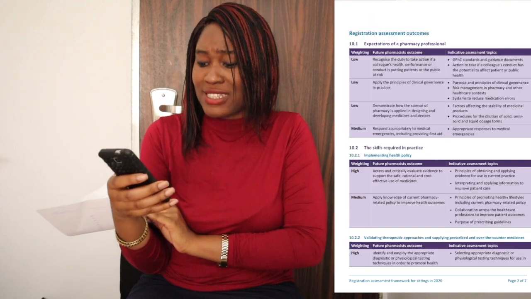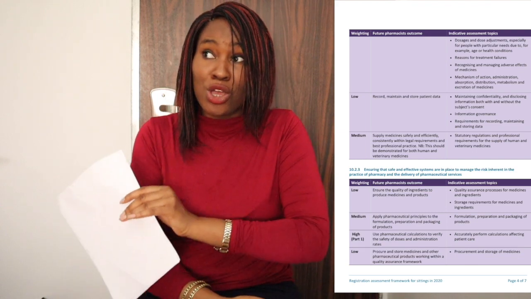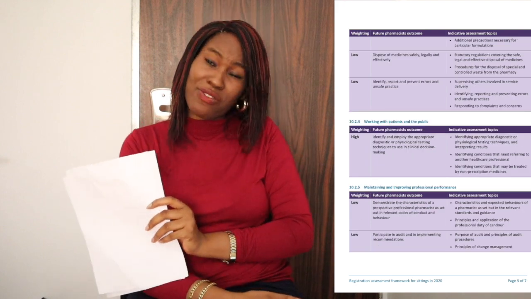It's very easy to ignore the low and the medium, and I find that most pre-reg trainees, me included, usually concentrate on the high weighting or the high risk drugs, therapeutic areas, and neglect the rest of the GPHC framework. The GPHC framework has different parts, different sections, so it would be best to make notes on each bullet point on the framework, if you know what I mean.